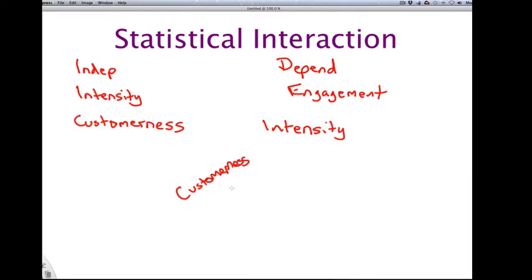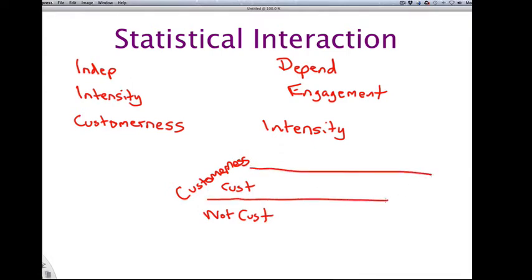There are two levels of customerness: being a customer or not being a customer. And we're going to imagine two levels of intensity: low intensity of social media use and high intensity of social media use.